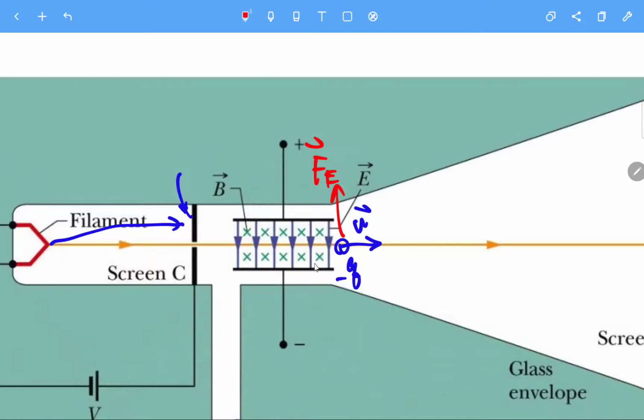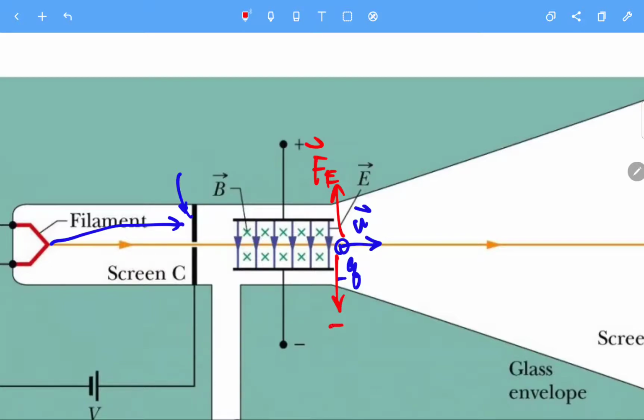V cross B, B is pointing into the page. So in this case, V cross B: your hand points to the right side and crosses into the page. So V cross B is also pointing upward. But here we assume the q is negative.